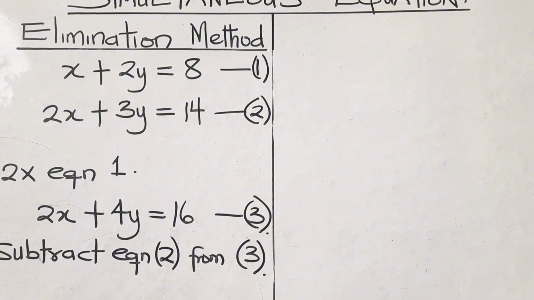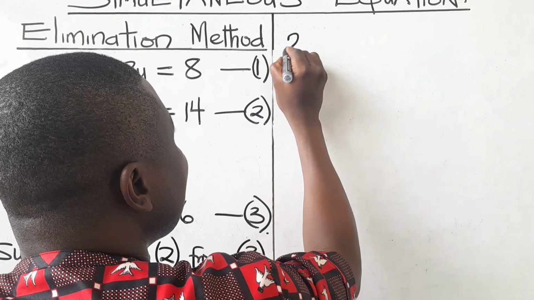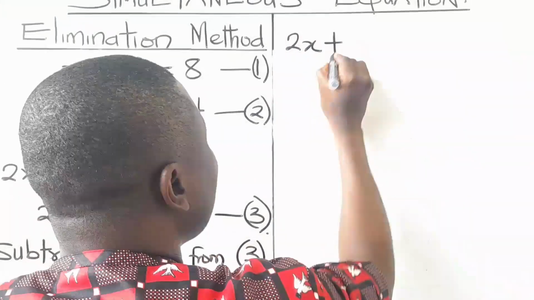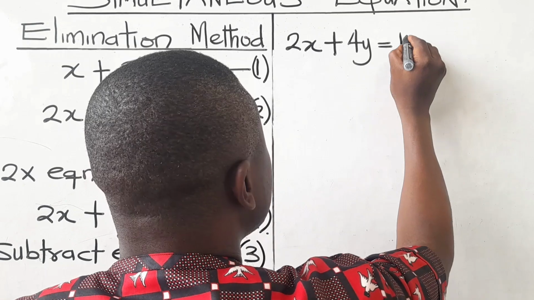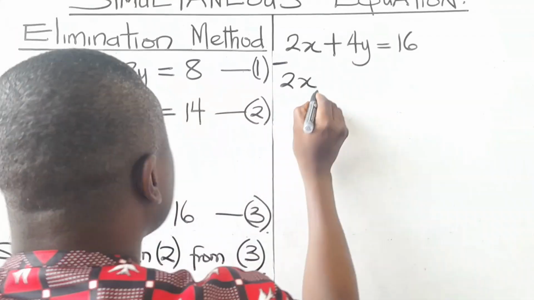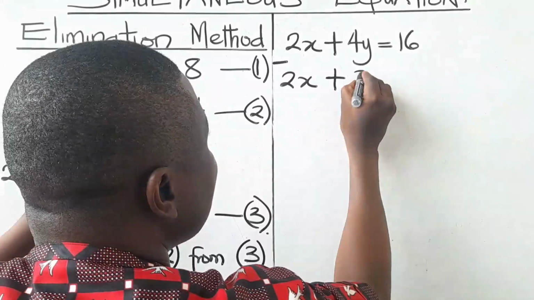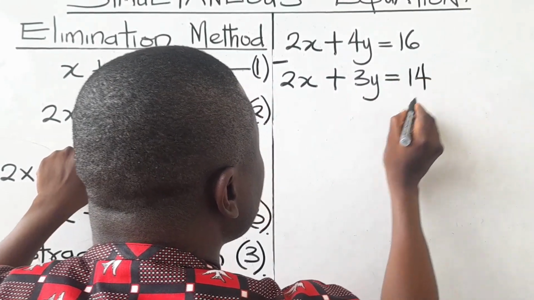Now, this will give us something like this. Equation 3 will be 2x plus 4y equal to 16, minus equation 2, 2x plus 3y equal to 14.